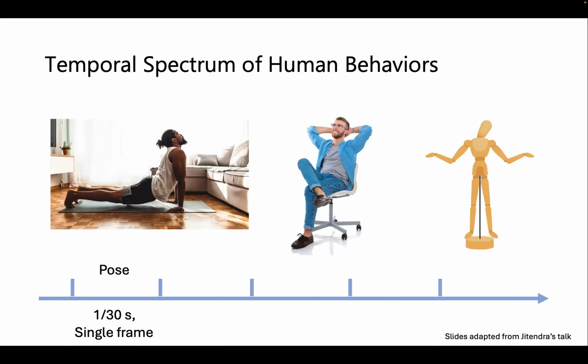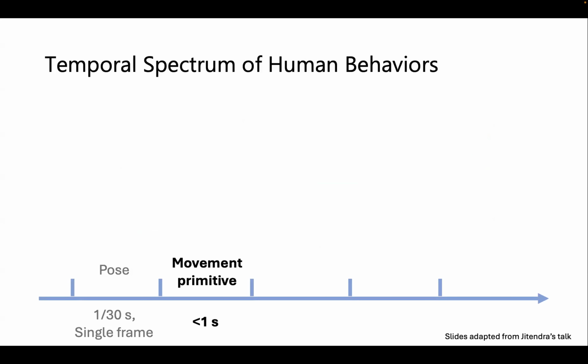It's not always the case that you can link a pose to a semantic meaning. The next level is the motion primitive, a short motion sequence, for example less than 1 second. It has movement and richer semantic meaning.